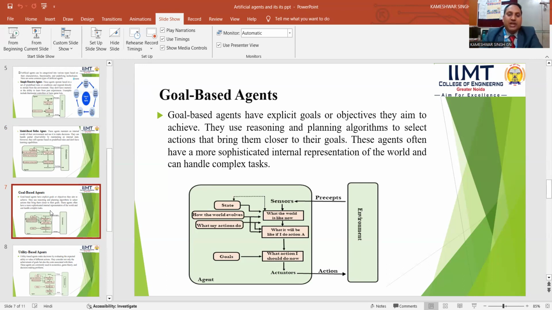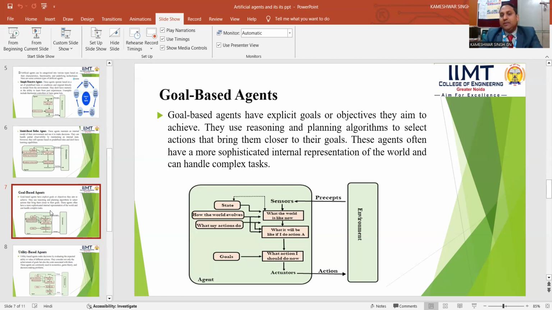One more thing is added here: what it will be like if I do the action. Meaning first we get the input from the environment. After getting the input, we go to planning and searching, achieving goals through the past history and the current situation of the state.